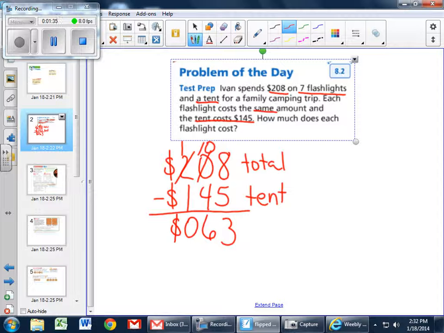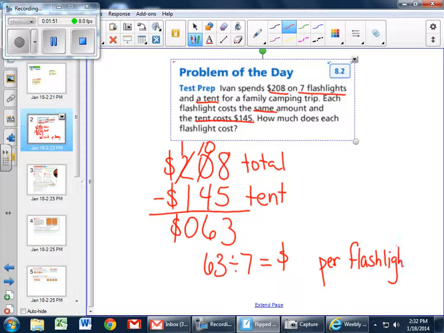on flashlights, and he bought 7 of them. So 63 divided by 7 equals how much he spent per flashlight. So 63 divided by 7 equals something.